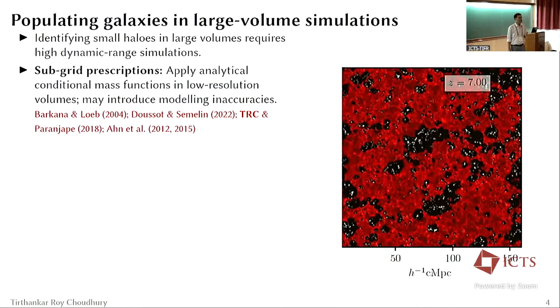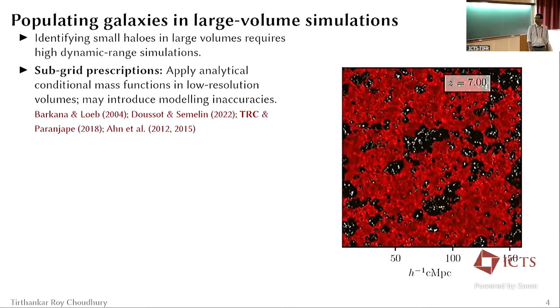So let's come to the first point. You have this large volume simulation, but you probably don't have the resolution to identify all the small mass halos where probably the first galaxies are going to form. So what do you do? You come up with some subgrid prescriptions. Again, in Andrei's talk, you heard one method of approaching this problem, and I will talk about a slightly different way we are trying.